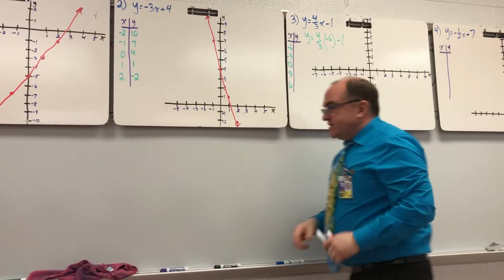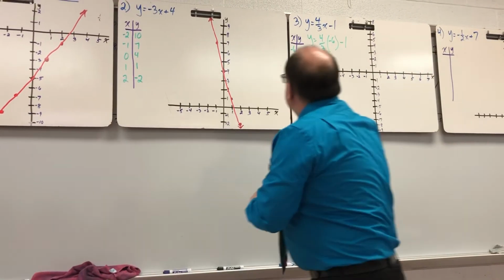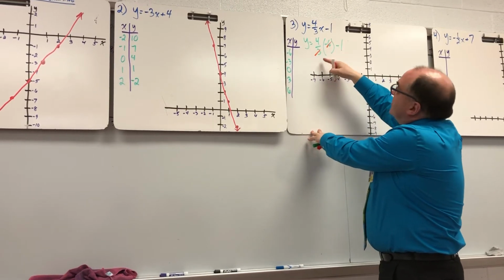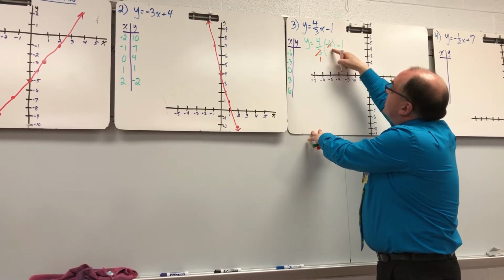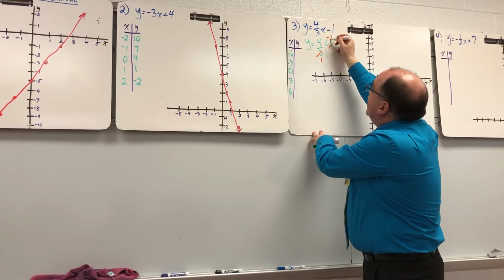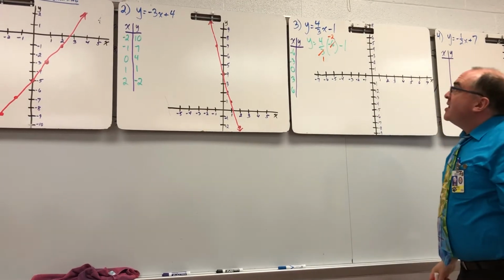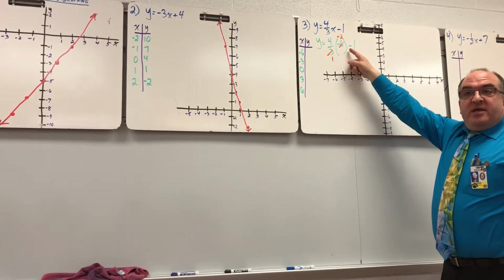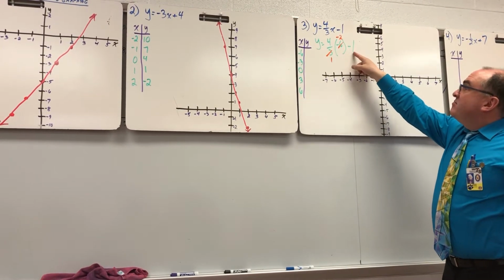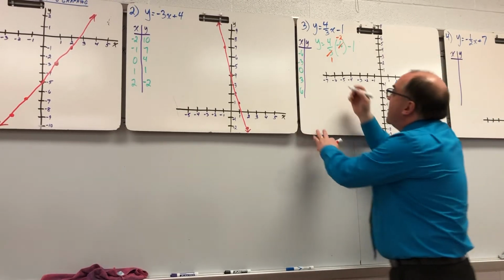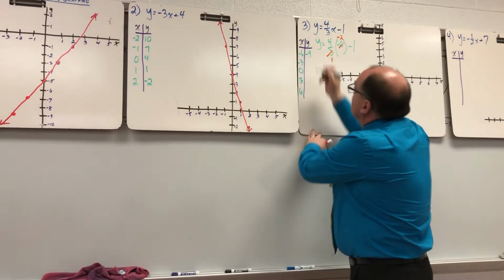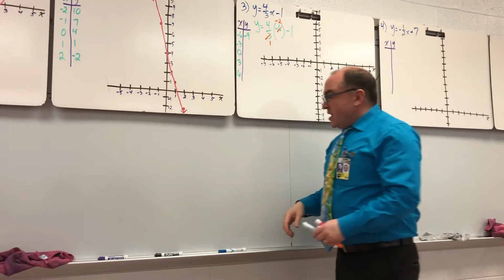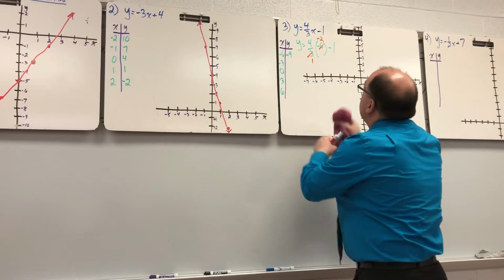What happens with the 3 and the -6? Well, the 3 cancels with the -6. 3 goes into 3 once, 3 goes into -6 -2 times. So now what's 4 times -2? That would be -8 minus 1 makes -9. Now I'm going to use -3.